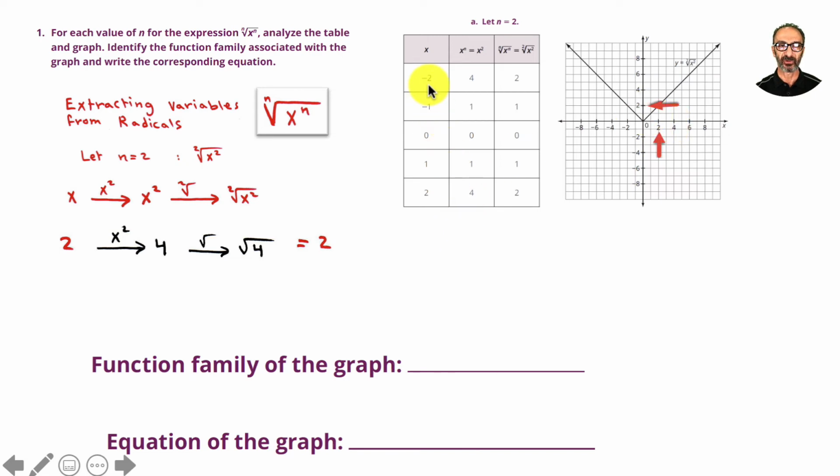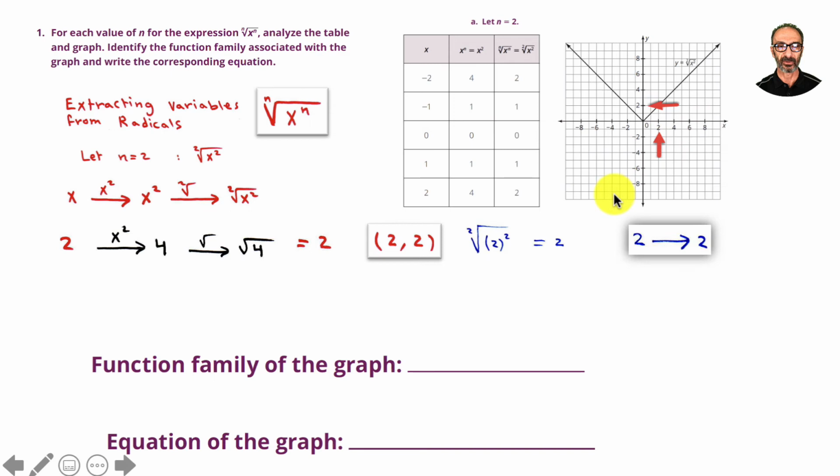Let's go with negative 2. Negative 2, square it, it's 4. It's not negative anymore, because the second degree inside eliminated the minus sign.